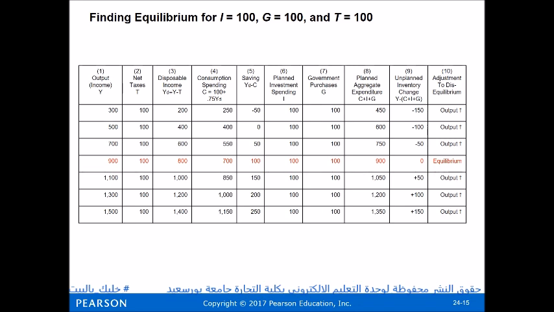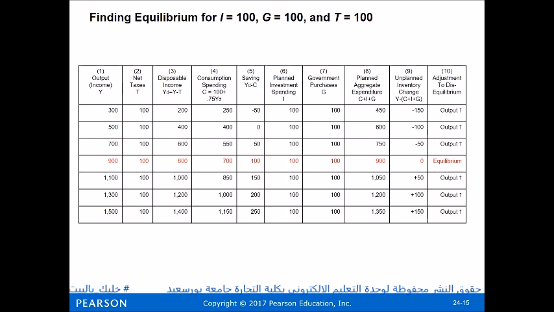Those sum up to 450. So we obtain the first value for AE by adding 100 plus 100 plus 250. Those give us the first value of aggregate expenditure, which is 450.